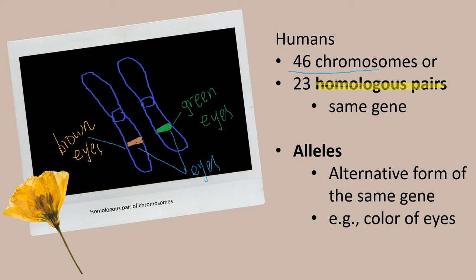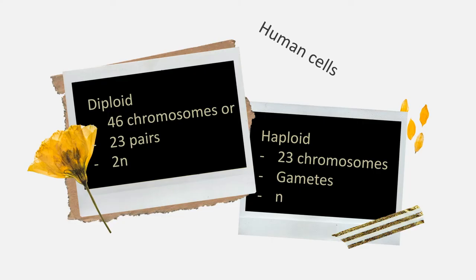Now, we said that humans have 46 chromosomes or 23 pairs of chromosomes, which is represented by 2n. 2n meaning that they're diploid. There's pairs, 23 pairs. But there is an exception. Diploid nucleus is only true for somatic cells.